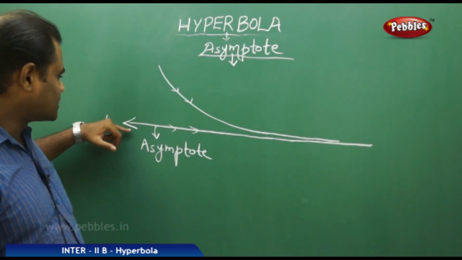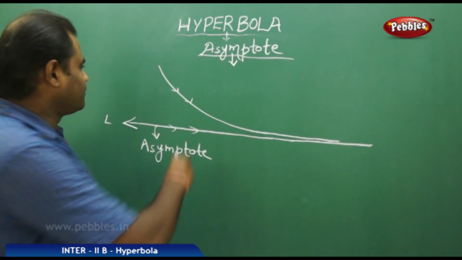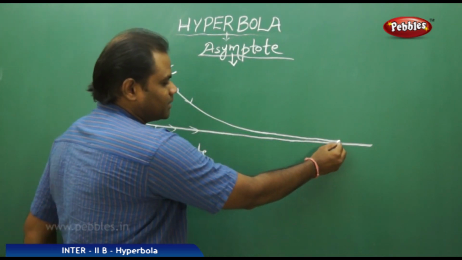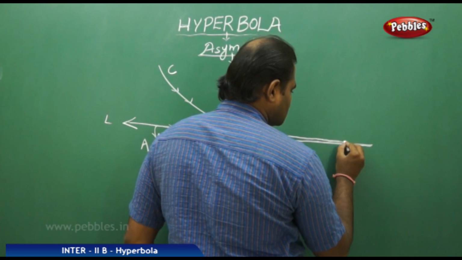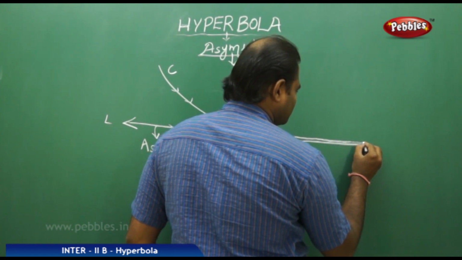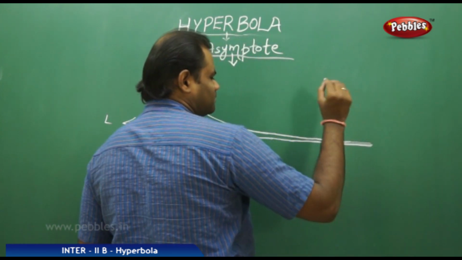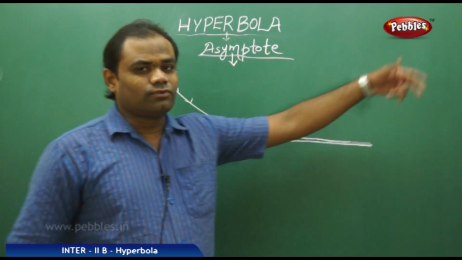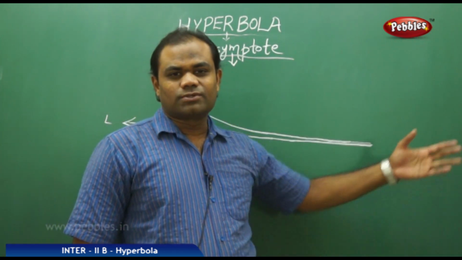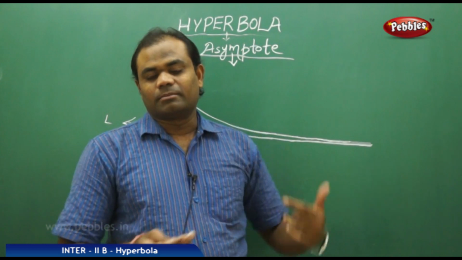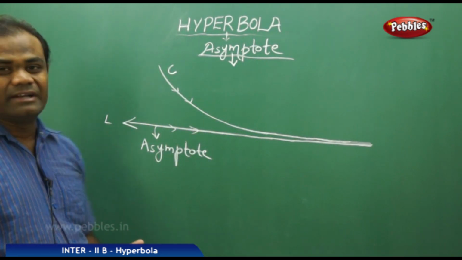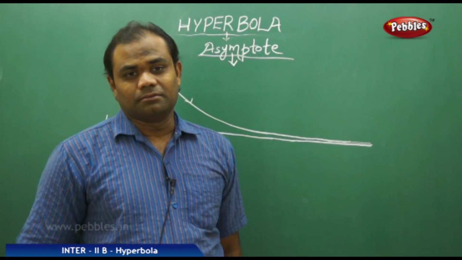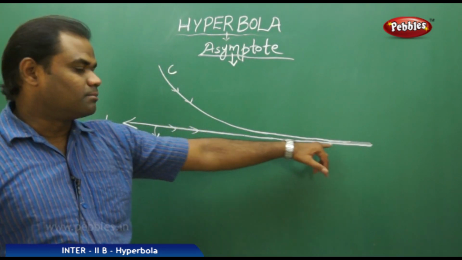So mathematically we define an asymptote as a line which tends to touch the curve but never touches. Here, for this example, this line L tries to touch the curve but doesn't touch, getting closer and closer, which is how we identify its property. As we move towards infinity, the curve also moves to infinity, but they get closer and never meet. Mathematically we say that an asymptote tends to touch the curve at infinity, but in the general sense they never meet.